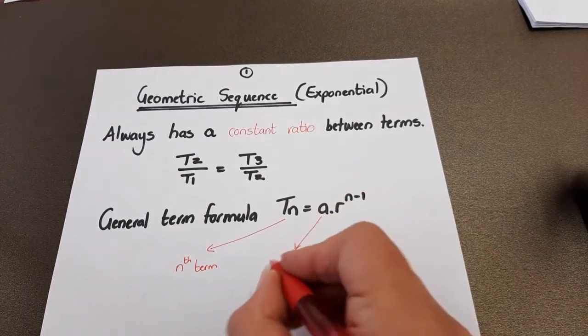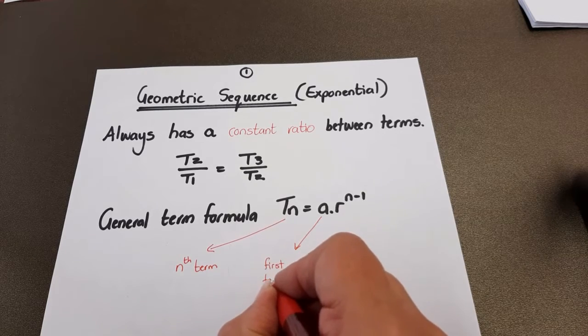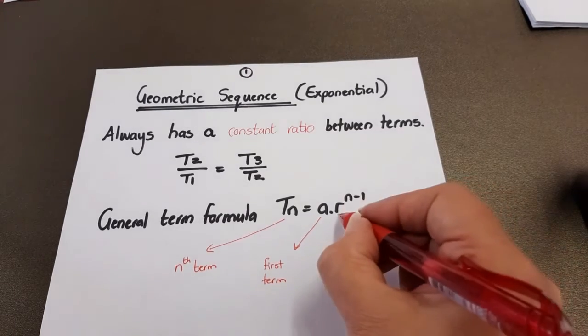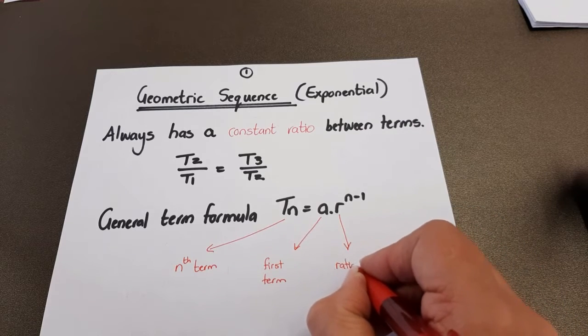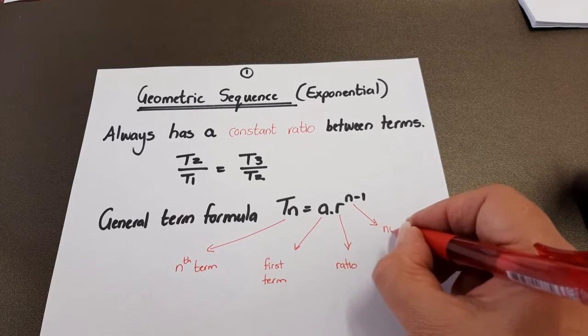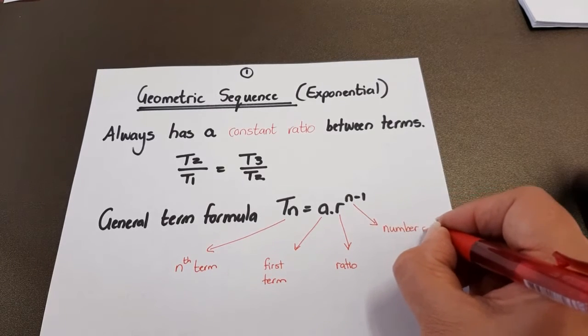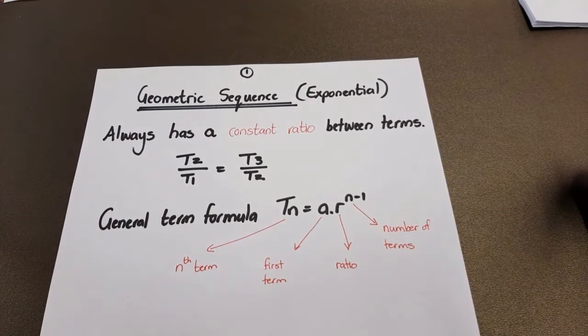A is our first term. R is the ratio, the constant ratio. And n is the number of terms in this sequence.